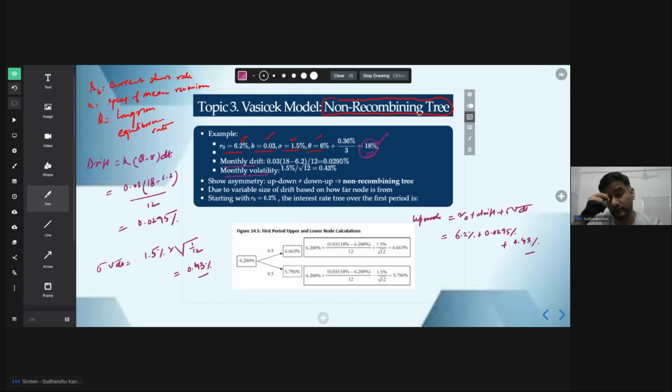Even though the calculation is given very long here, to be fair, the monthly drift is already calculated.